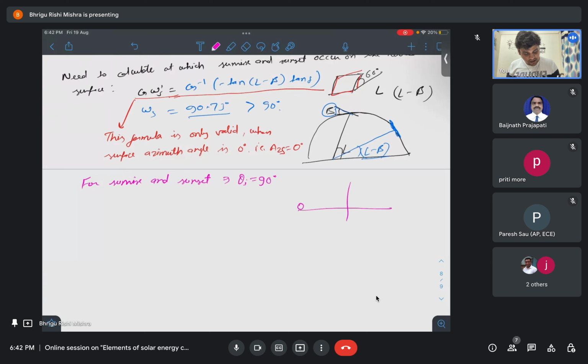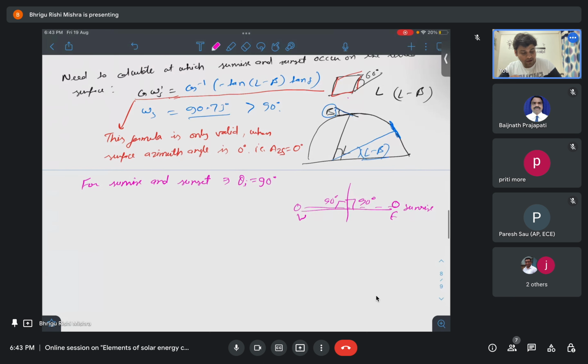So when the sun is here, this is east and this is west. When the sun is at the horizon, this angle will be 90 degrees during sunrise, and similarly here during sunset again it is 90 degrees. So for sunrise and sunset, theta equals 90 degrees. Here we want to calculate the sunrise and sunset time for this tilted plane.